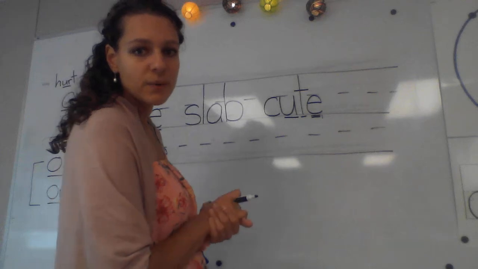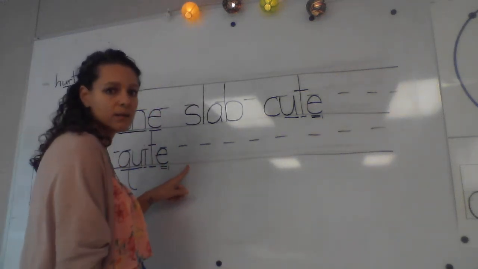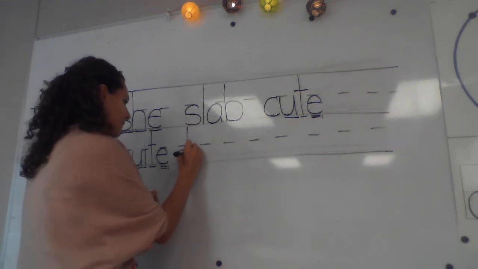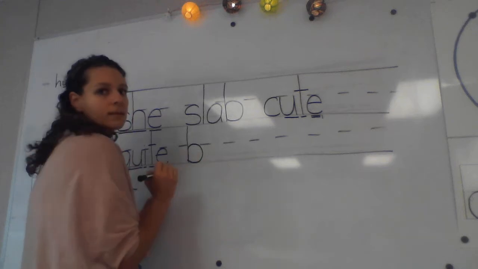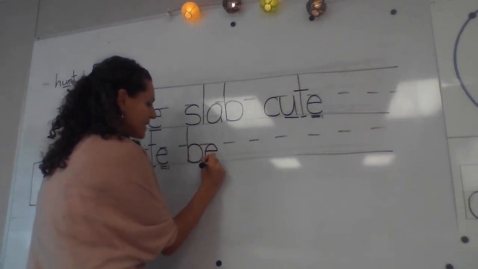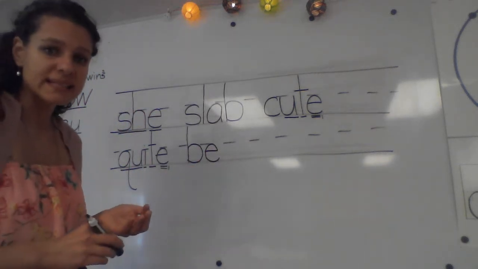All right, when you're finished, put your pencil down. Class, what do I need to write to spell be? Good. B. Good. And what's letting our e say e? Good, it's an open syllable.